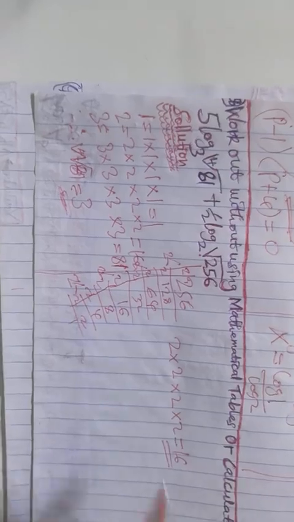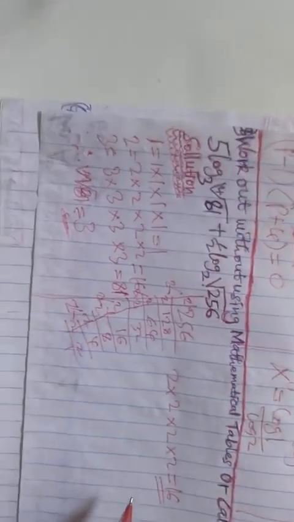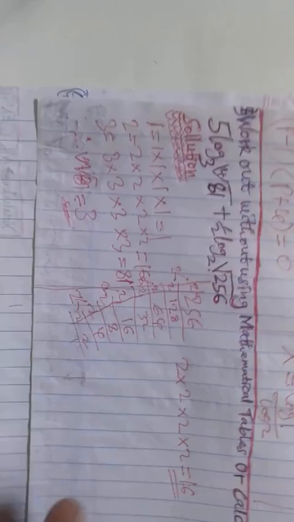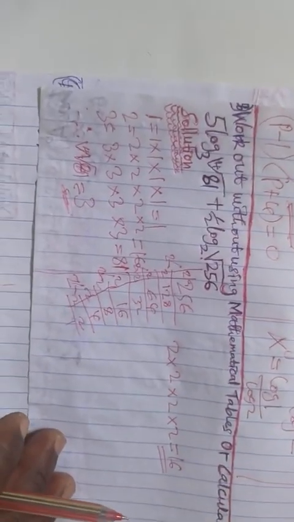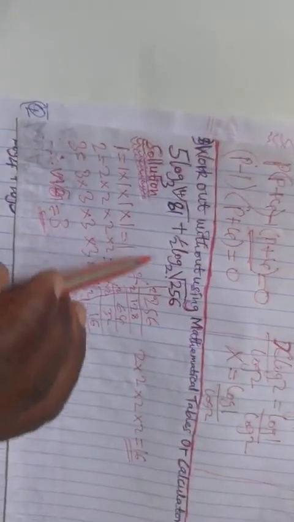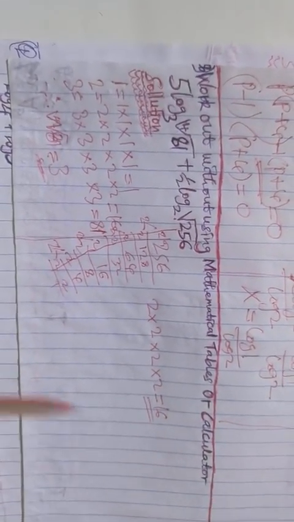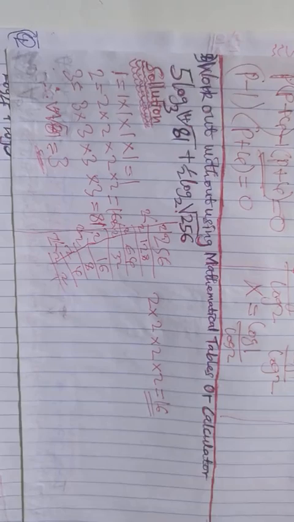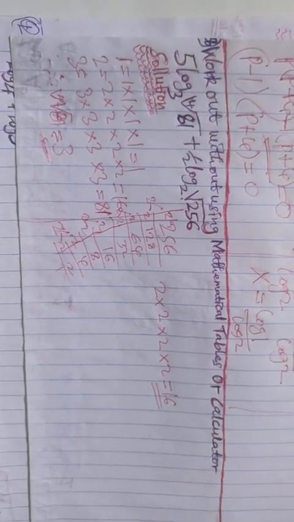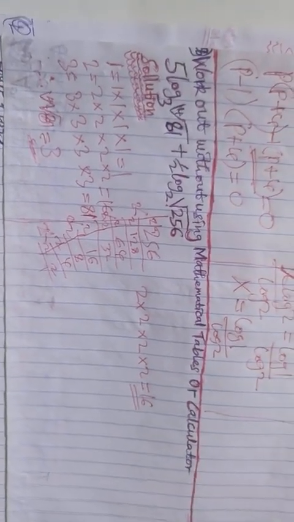We have not used a calculator or the mathematical table. Therefore, we are going to substitute the initial values with the new values we have gotten into the given question.